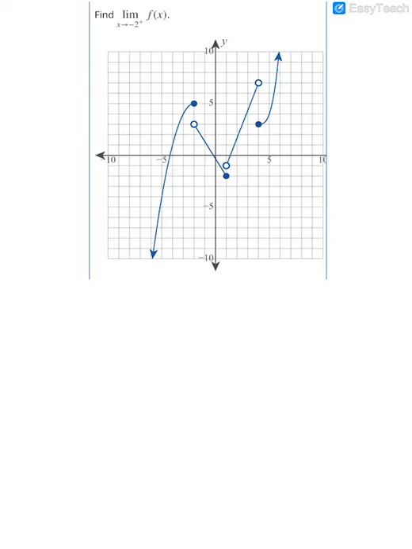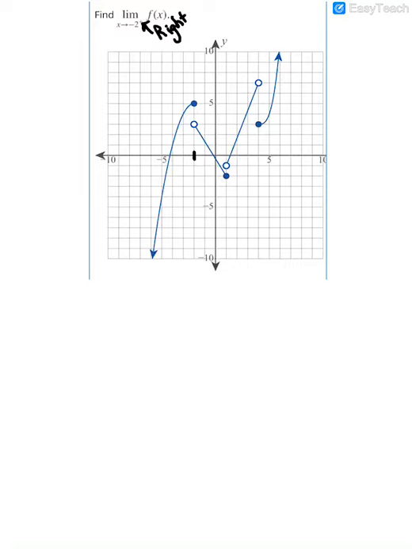Now, we can also do the same thing looking at a graph. So in this particular example, they are asking me to evaluate the limit as x approaches negative 2, and again, the plus sign means from the right side. So find your value of negative 2 on the x-axis, and then you've got to make sure you come in from the correct side.